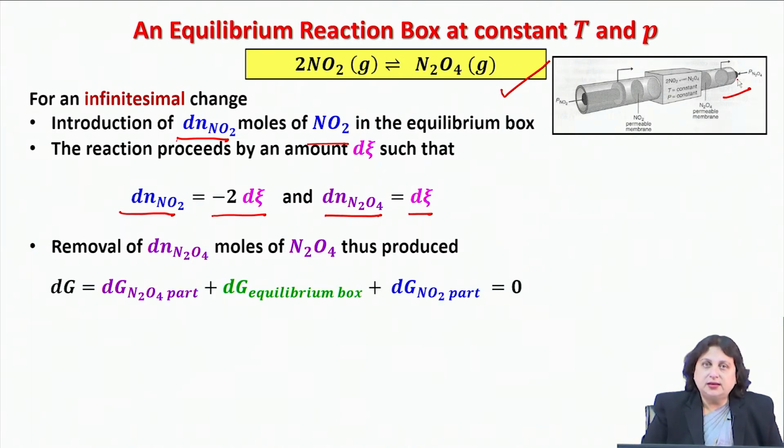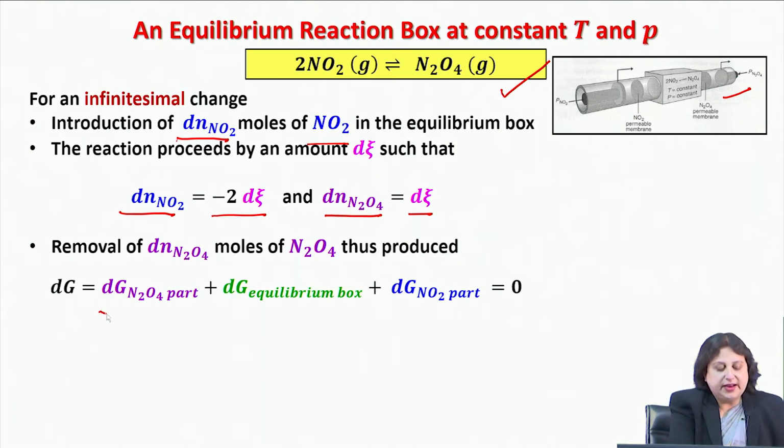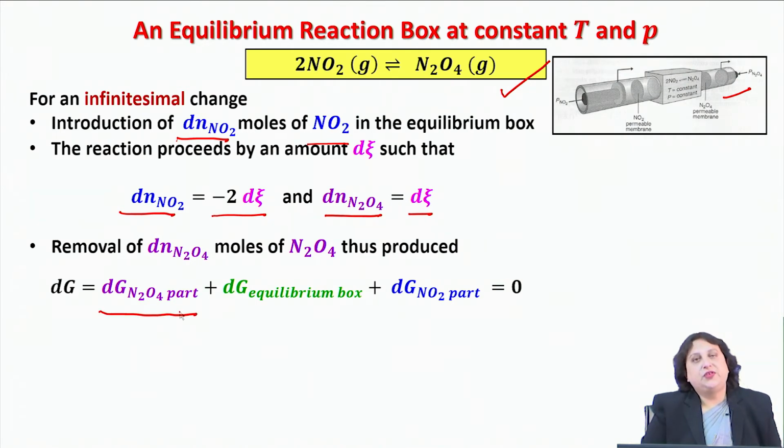And here, as a result of this infinitesimal change, I understand what is going to be the net change in Gibbs free energy under the given condition of temperature and pressure. I will have an infinitesimal change in the Gibbs free energy on the N2O4 part, which is this side.